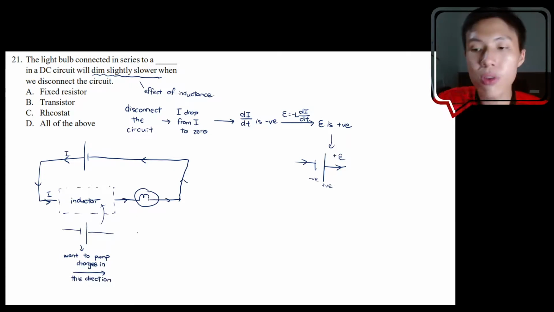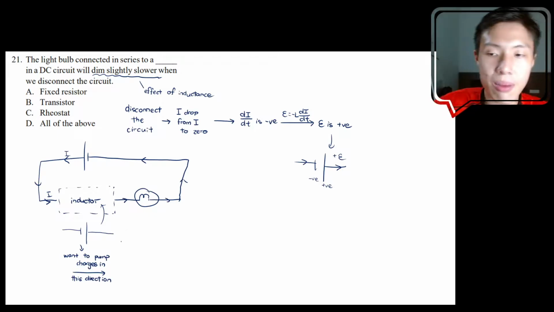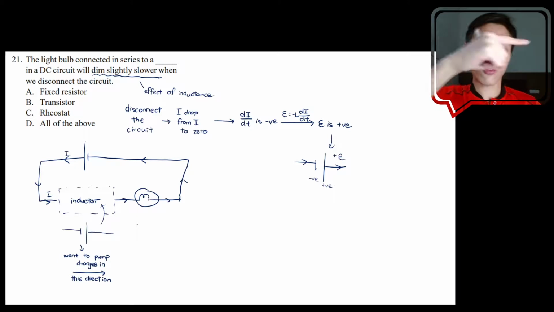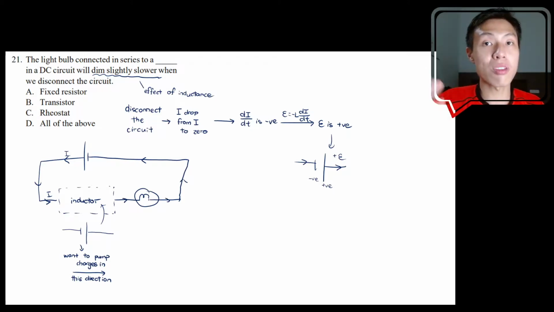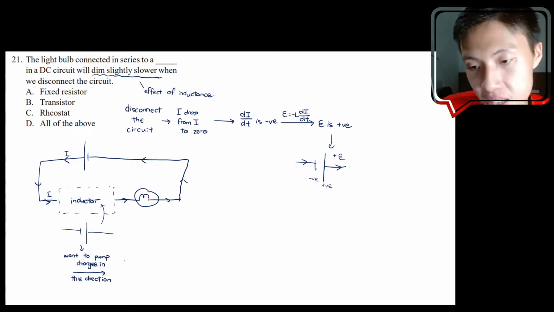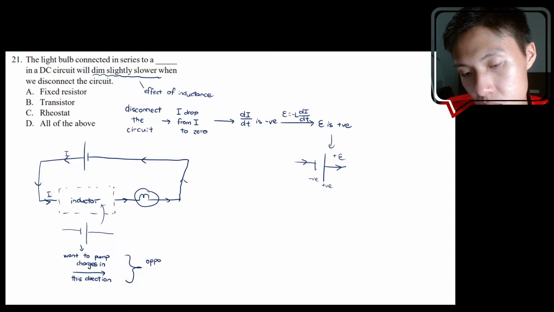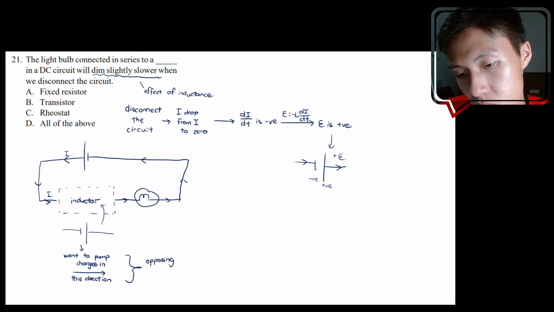If you want to pump charges to the right, that means you are opposing the decrease in current, because you know current is flowing in this direction and it's decreasing, but you try to pump it in the same direction. That means you try to oppose it from decreasing. Opposing the decrease in current. So this is just Lenz's law.